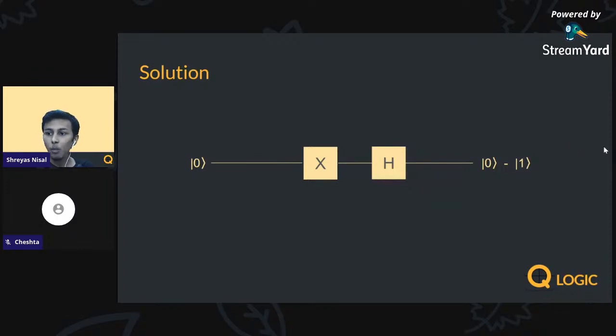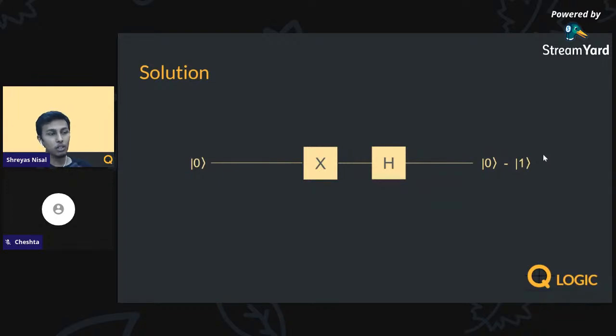And why is there a negative? If you're asking why there is a negative on the right hand side, that is just a state that has been given to you, and you need to find a way to get the qubits in that state. The minus actually refers to a phase difference. And this is just one solution that you can think of.